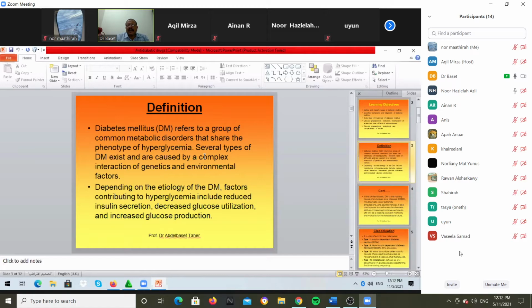This diabetes may share the phenotype of hyperglycemia. The screen shows increased blood glucose, hyperglycemia. Several types of diabetes mellitus exist and are caused by a complex interaction of genetics and environmental factors.